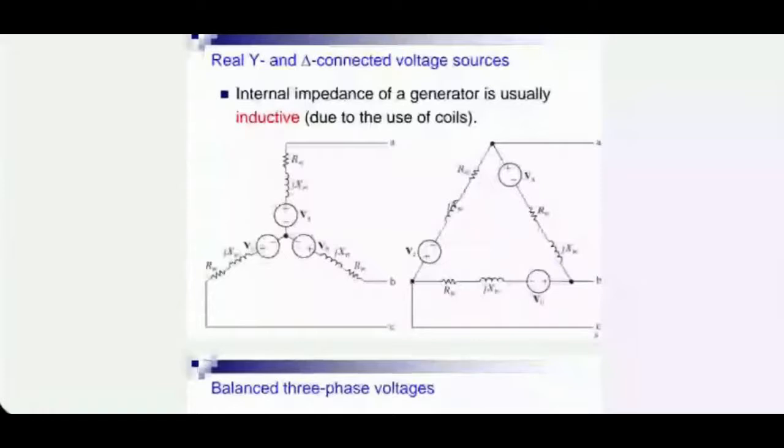On the right hand side also, the configuration is delta configuration, but the basic idea is the same, that we have a series RL circuit along with the generator in each of the branches to be more realistic in our calculations and modeling.